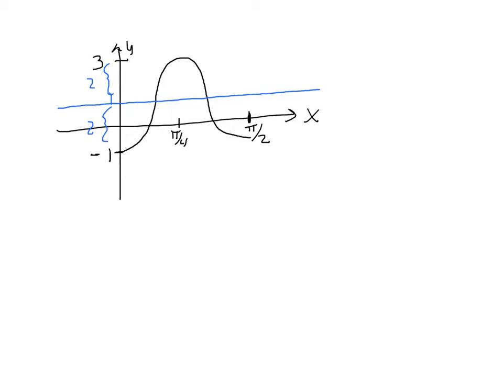So if this line right here is at y equals 1, I know then that I have a vertical shift of +1. My amplitude goes from the midline to the peak. And the difference, of course, between 1 and 3 is 2.